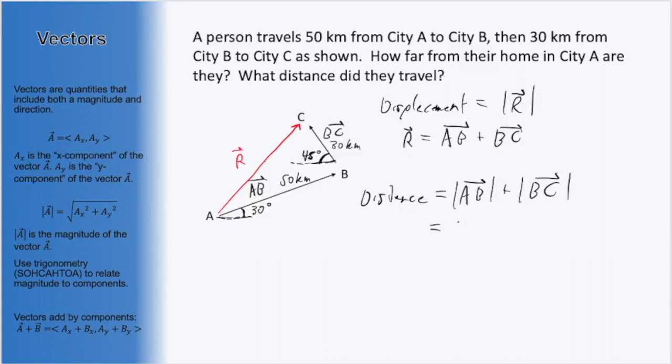From city A to city B, we went 50 kilometers. Then from city B to C, we went 30 kilometers. We don't care anything about the direction we're going or having to add anything as vectors. If we have gone each of these distances, then the total distance that we traveled is just the addition of both of them, which is 80 kilometers.